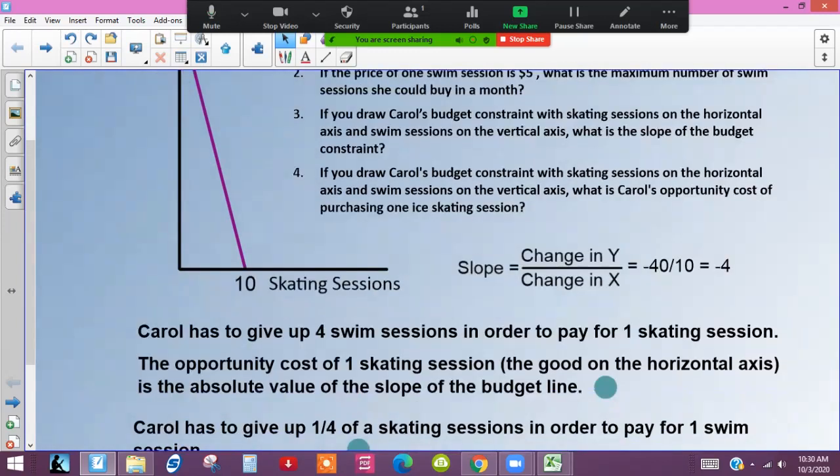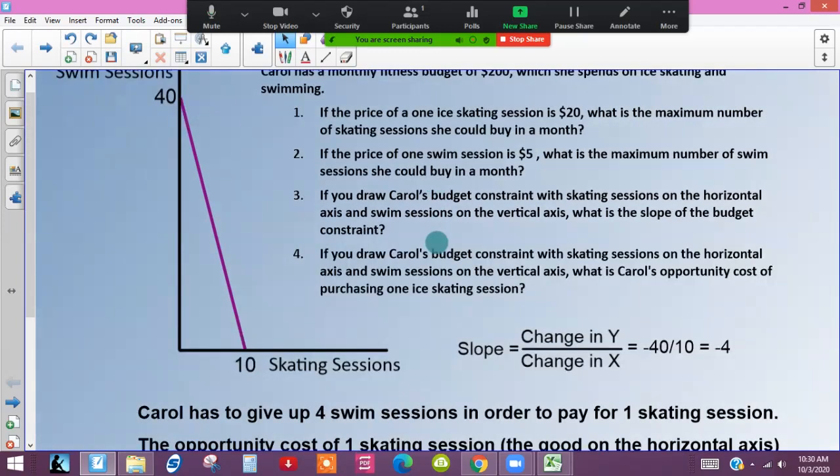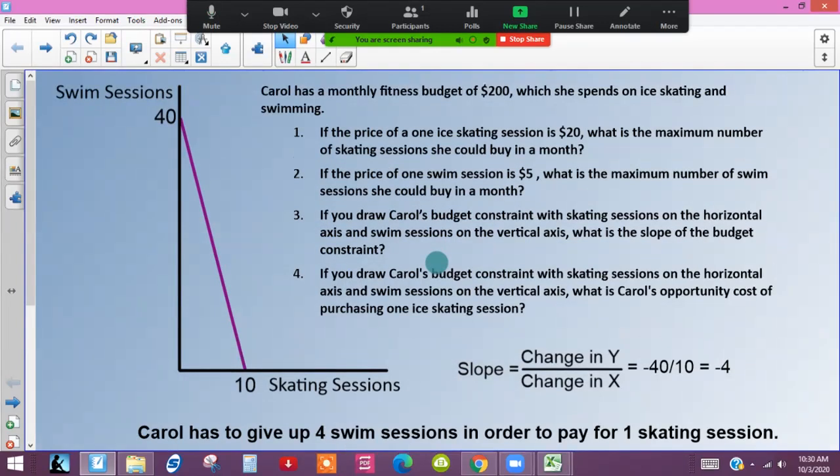I have 2 green bubbles now, right? So if she wants one more swim session, that would be 1/4 of what it would cost to go skating.